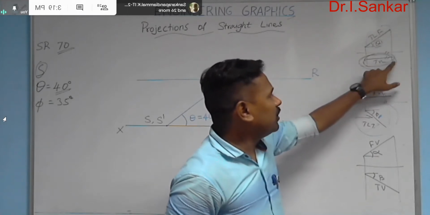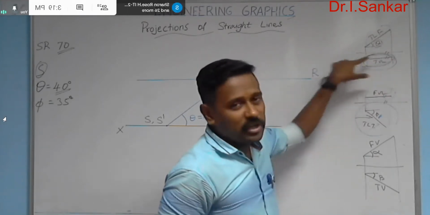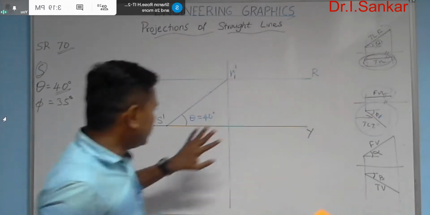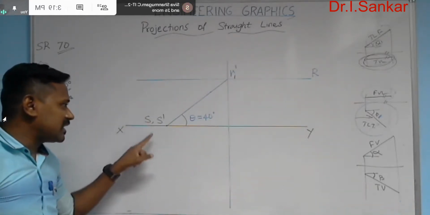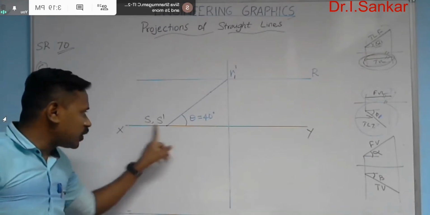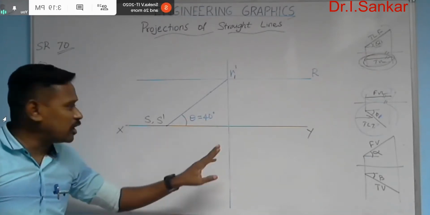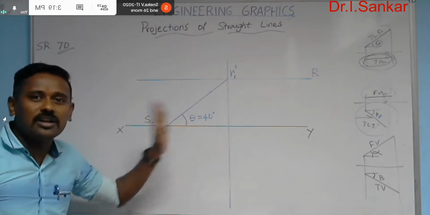Not only in the top view area, in the locus of the particular starting point. In this problem, there is no separate locus for S in the top view area. The XY line itself is acting as the locus of S in both front and top views.